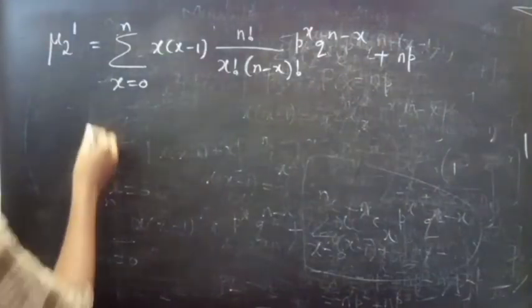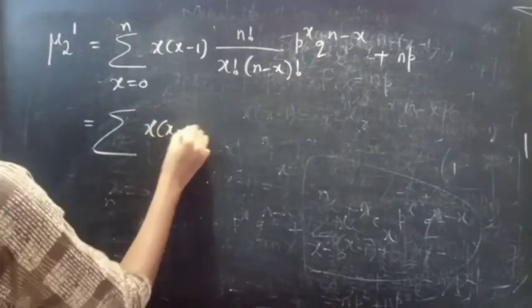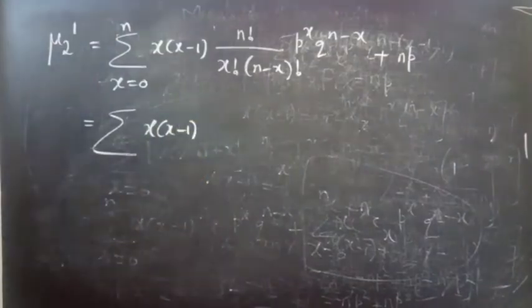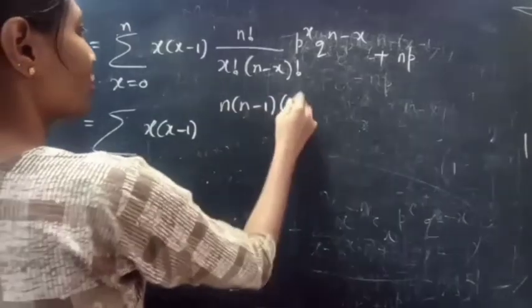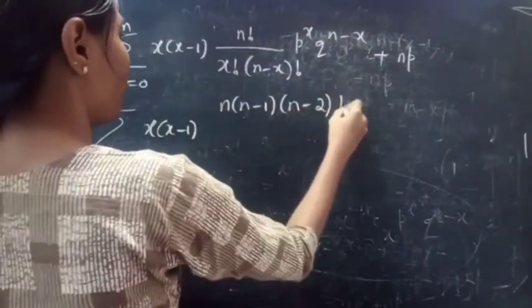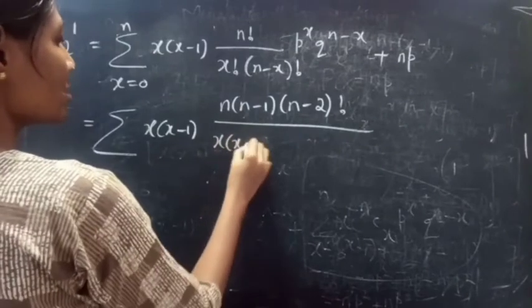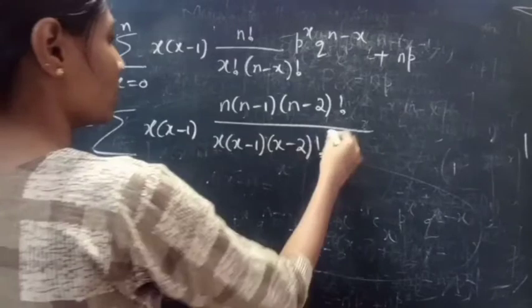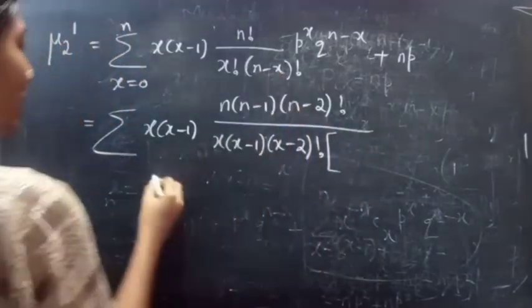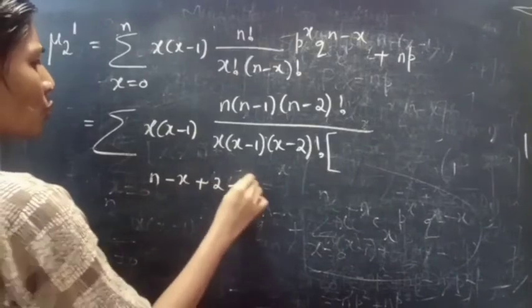So this is equals to summation x into x minus 1 into n factorial, which can be written as n into n minus 1 into n minus 2 factorial, by x factorial, which can be written as x into x minus 1 into x minus 2 factorial, and n minus x factorial can be written as n minus x plus 2 minus 2.